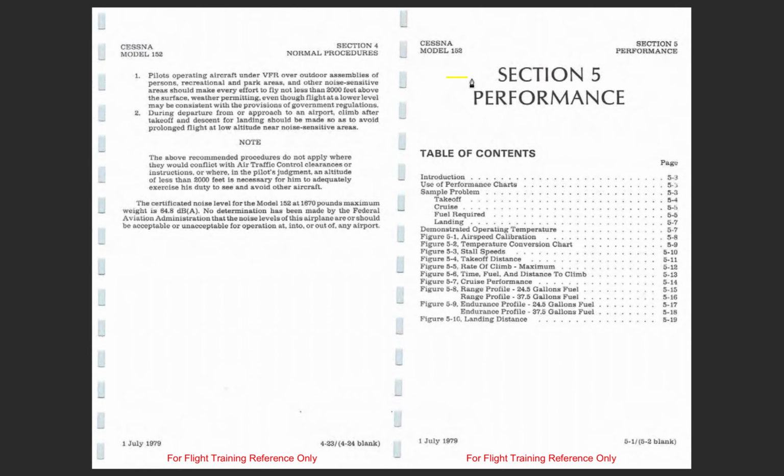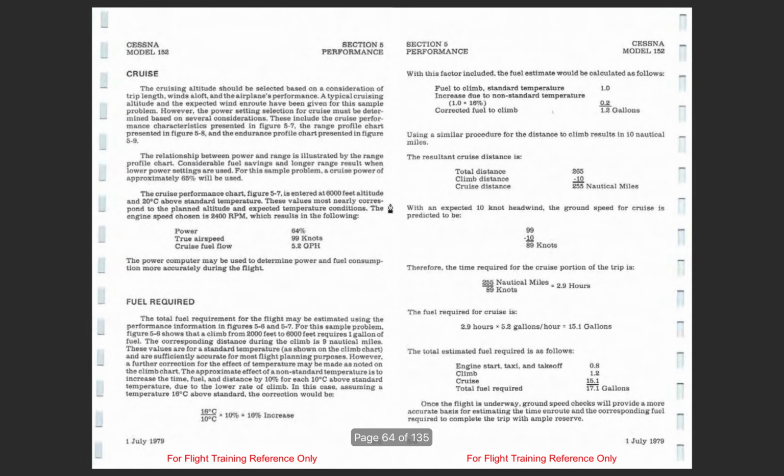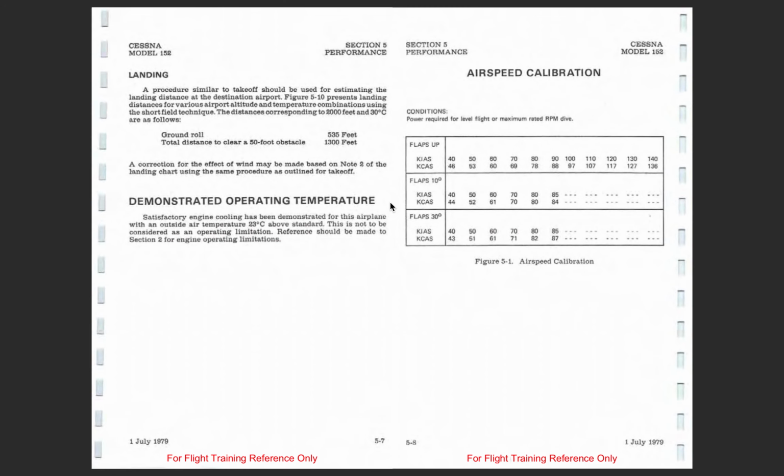Section 5 is performance. So this is a series of charts that you will use to figure out the performance characteristics and capabilities of your airplane. Normally at this point I say for now, just learn the charts that your flight instructor will go over with you in order to get the plane off the ground and start your flight training.